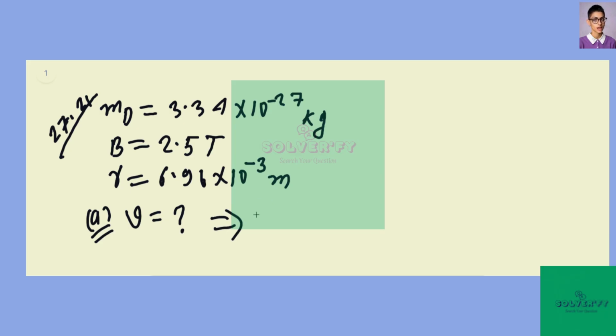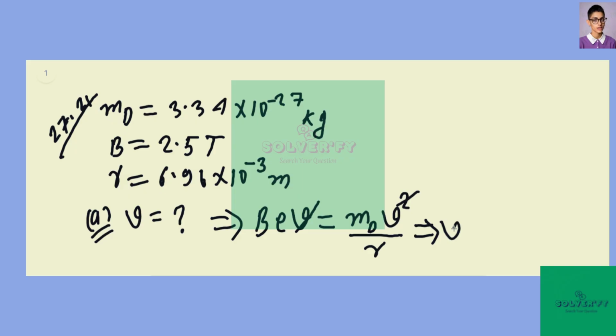So the force of the magnetic field, which is BeV, has to be providing the necessary centripetal force, which is m_d v squared over r, the radius of the circle. So if you cancel out this v here, you will get v equals B e r over m_d.